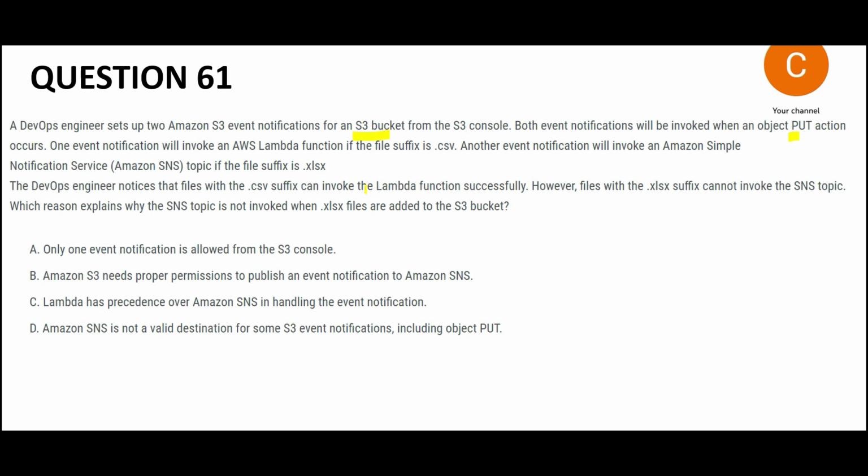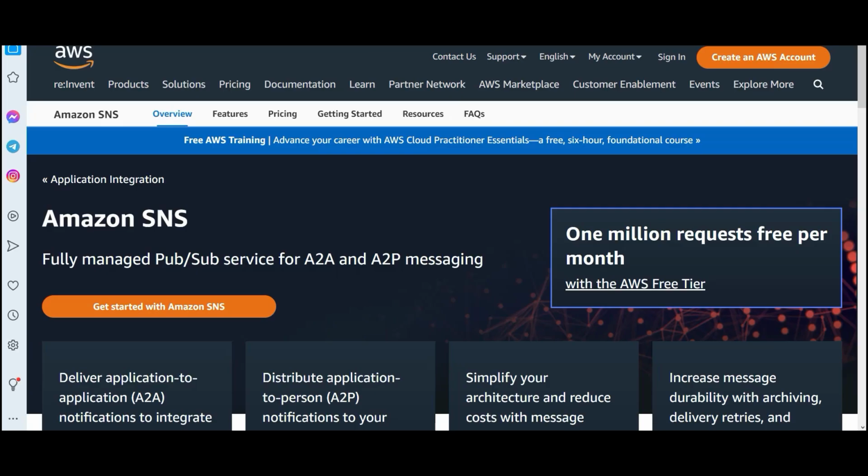If they write any file which is a .csv, then you should invoke a lambda function. And if the extension of the file is .xlsx, you should invoke an SNS topic. Through SNS topics you can send emails because it is a pub sub service.